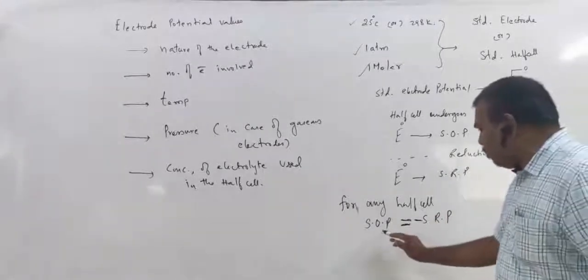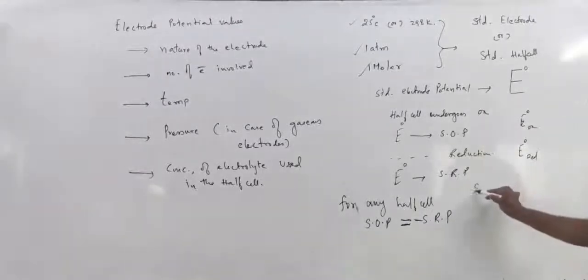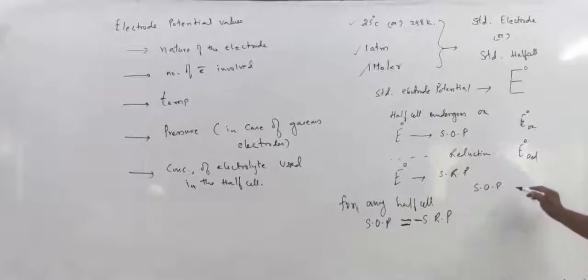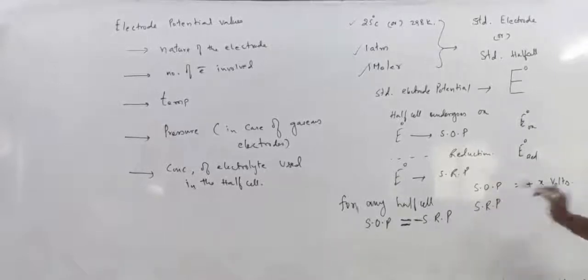If SOP is negative, SRP will be positive. For example, if SOP of an electrode is plus X volts, then SRP of that half cell is minus X volts. That is the only difference. If it is minus X, this will be plus X. So the magnitude is the same. They differ in the sign.